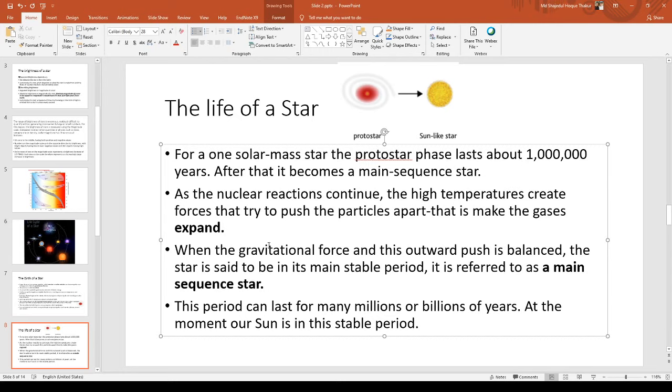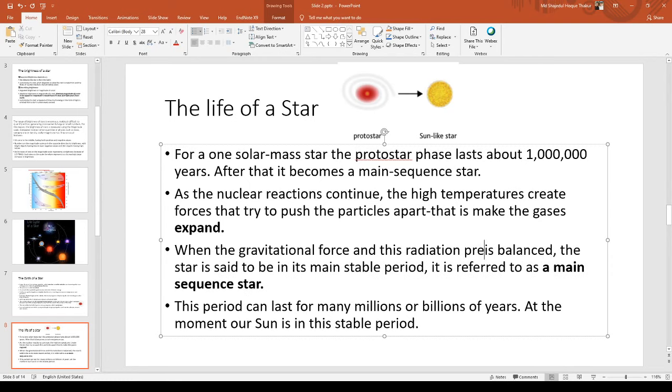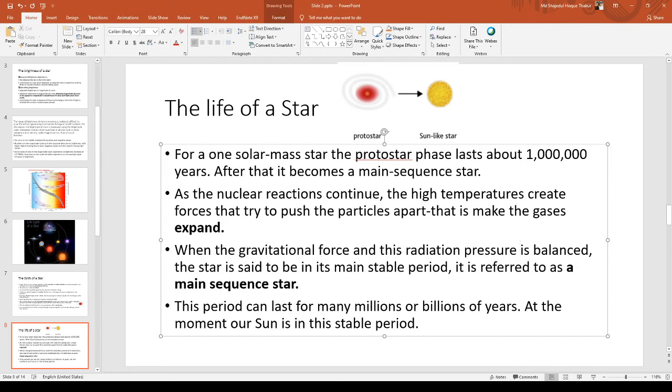That is, the gravitational force and this outward push, that we will from now call radiation pressure, is balanced. Okay? The star is said to be in its main stable period. It is referred to as a main sequence star. So this is a main sequence star.